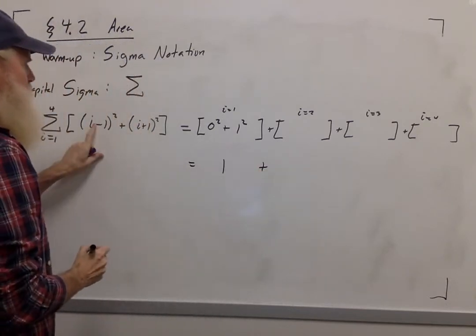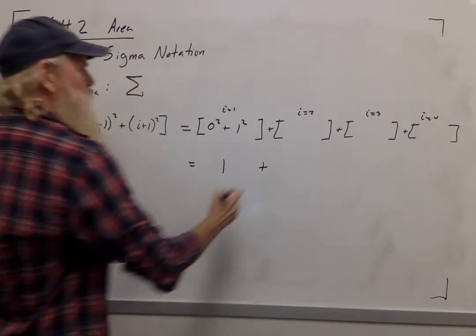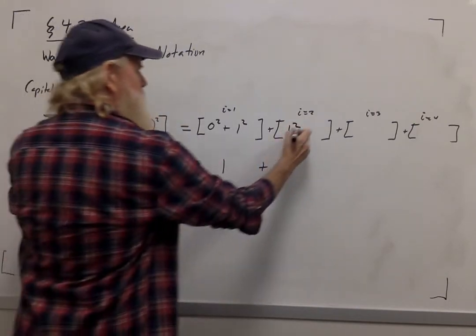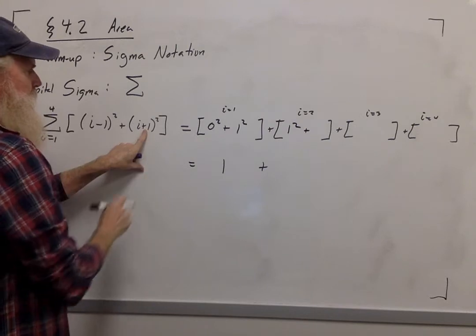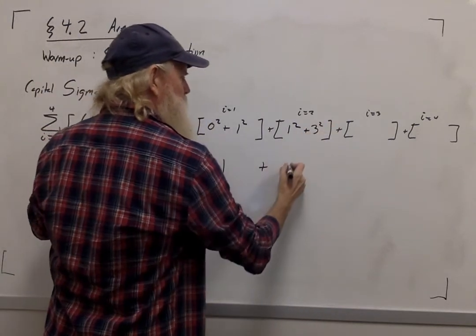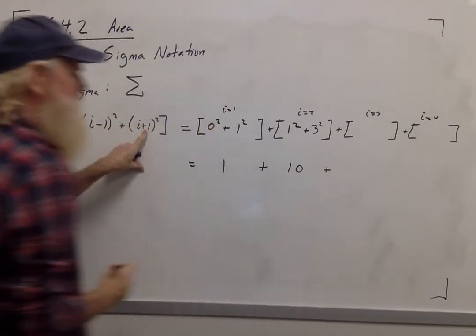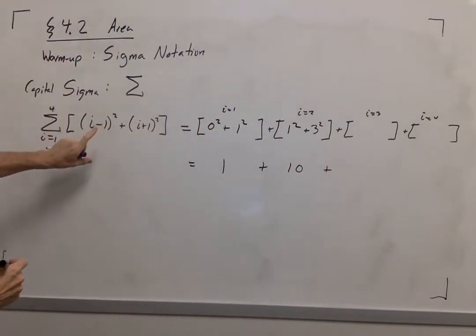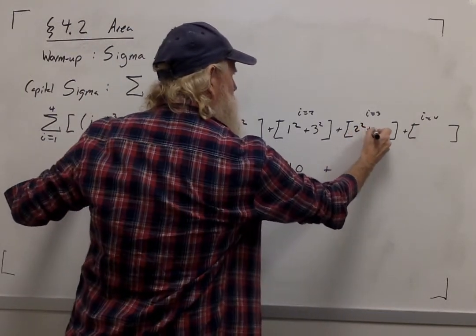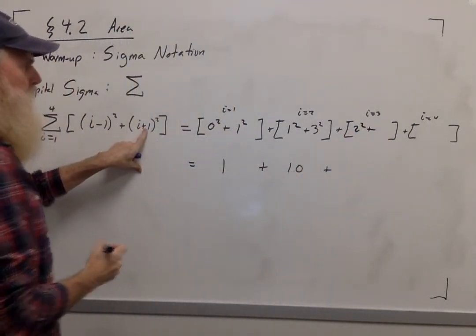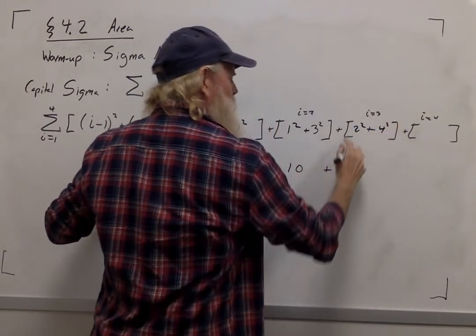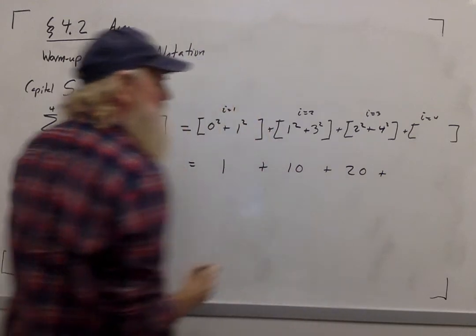Next I plug in i equals 2. 2 minus 1 is 1 squared plus, plugging i equals 2 here, that's 3 squared. 1 squared and 3 squared is 10. Next I plug in i equals 3. I get 2 squared plus 3 plus 1 is 4 squared. 16 and 4 is 20.